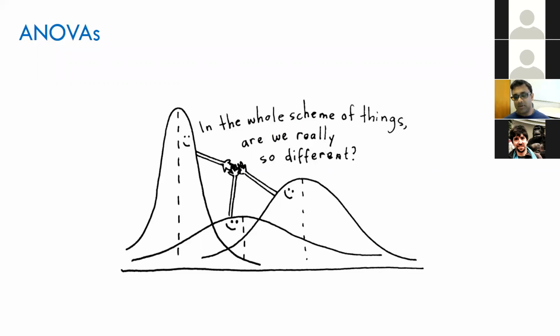So ANOVA compares the different groups. There are various types of ANOVA: one-way ANOVA, two-way, three-way, or repeated measure ANOVA. Based on the type of data and the type of groups you have, you use different types of ANOVA.